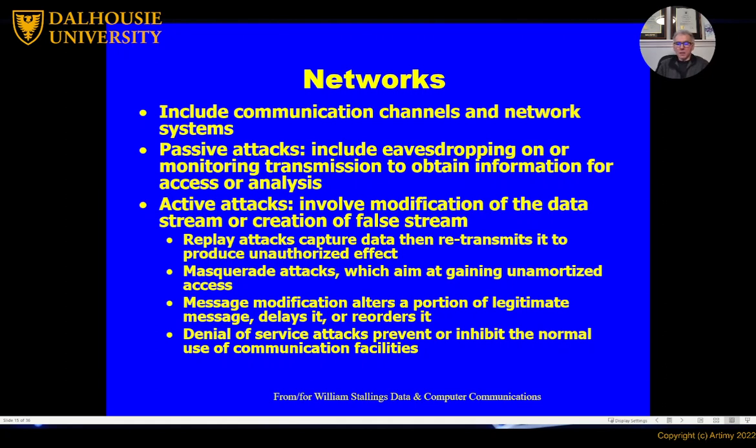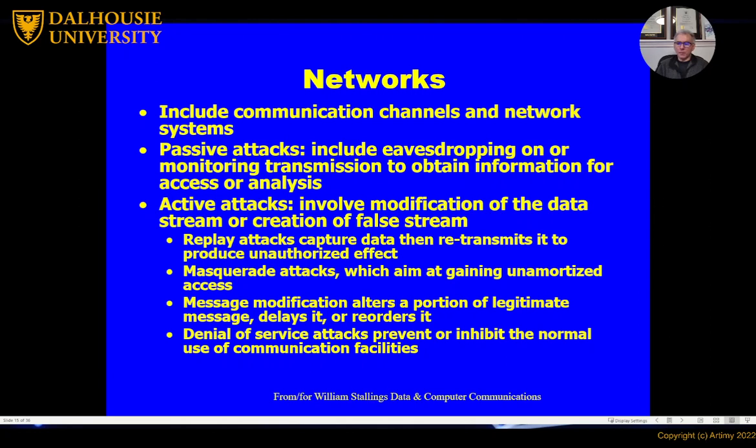Message modification, it takes a message, modifies it, changes it. Instead of asking the bank to transfer $100, I'll ask the bank to transfer 150. Right? As you saw in previous lecture, even if I delay the packets or reorder them, I could also do harm.